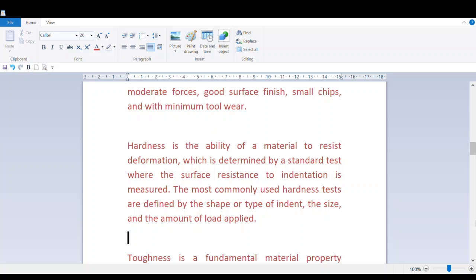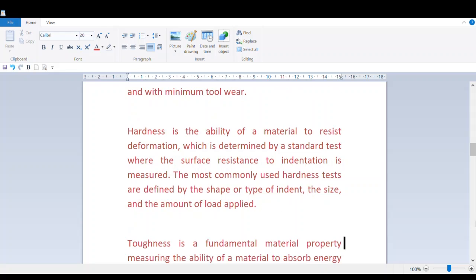And if the hardness machine is not able to make an impact on the metal, you consider the metal to be harder. So the harder the material, the lesser the indentation mark. So hardness is simply the ability of a material to resist deformation.